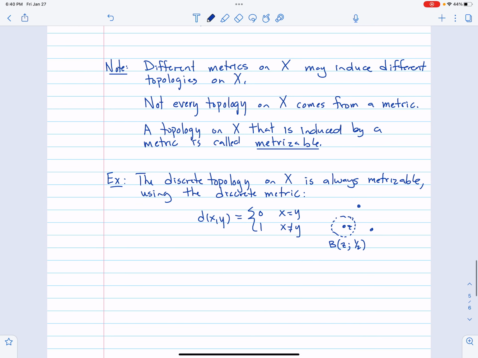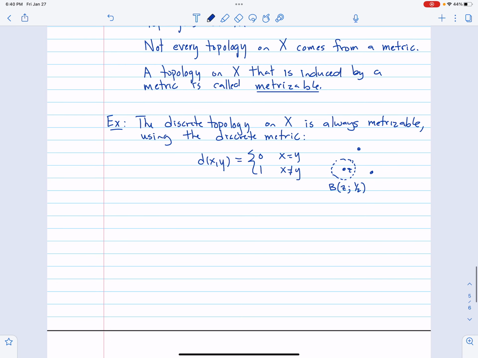Let's look at one more example, a topology that's not metrizable. For example, the indiscrete topology is not metrizable if the number of points in your set is greater than or equal to 2. Why is this the case?